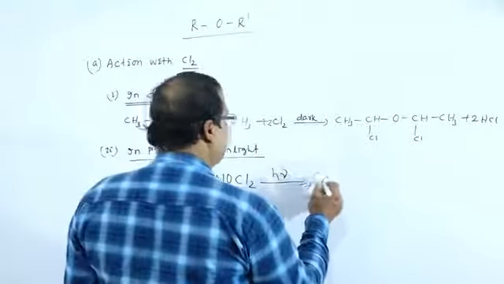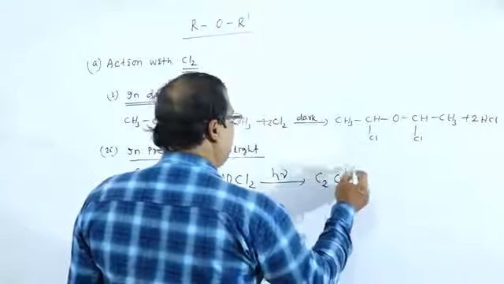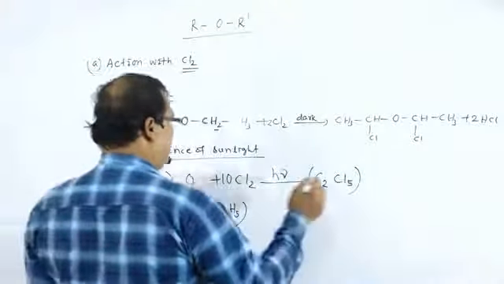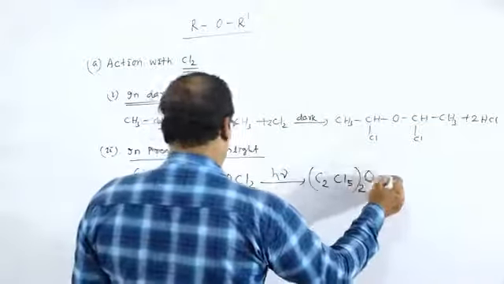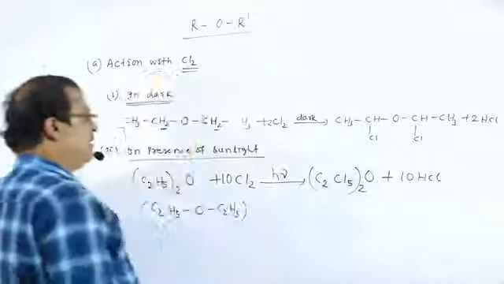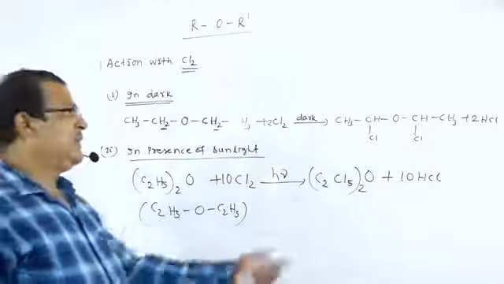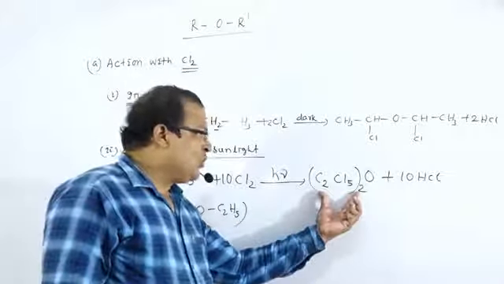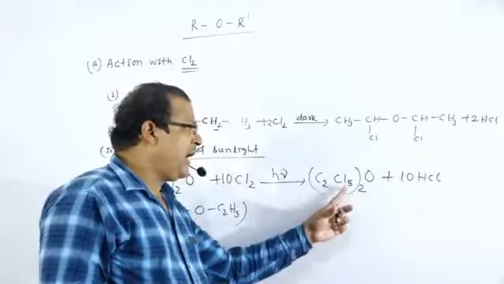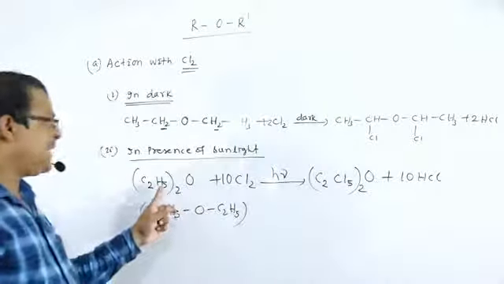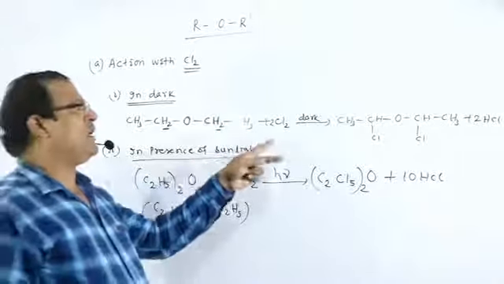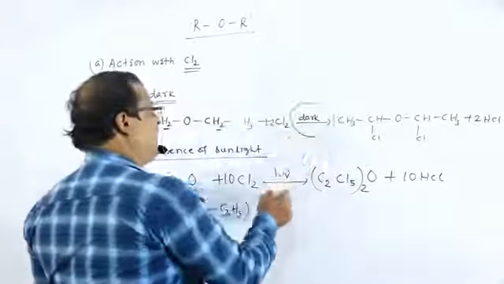So there is the formation of (C2Cl5)2O plus 10HCl. That is the perchloro derivative of the ether, where all the hydrogen atoms have been replaced by chlorine. So this is the difference whether we take dark medium or presence of sunlight.